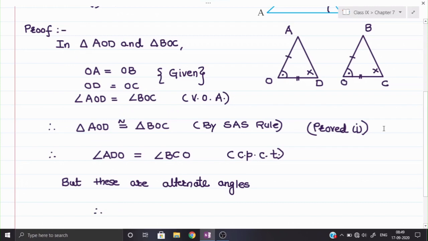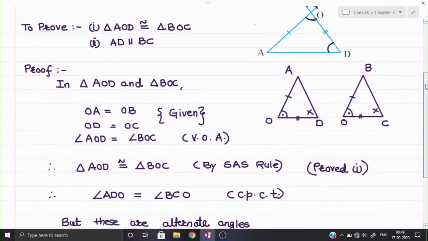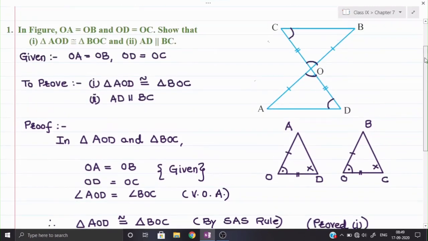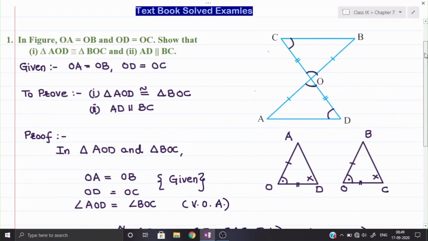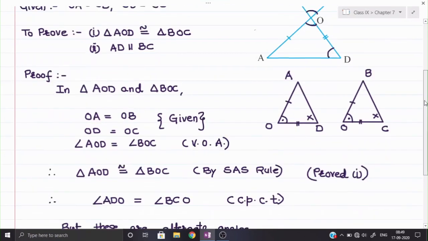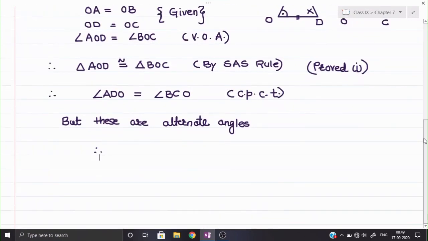I think AD and BC we need to prove parallel. Look once again. See, one base line is AD and above that the line given is BC. So AD and BC will be parallel. So we can say that therefore AD is parallel to the line BC, and hence this question gets over.